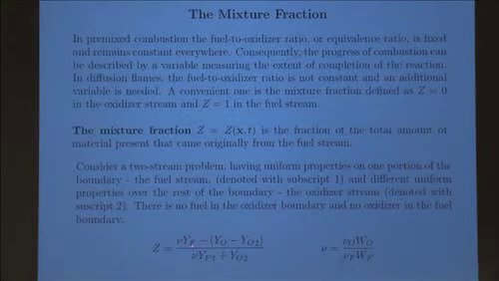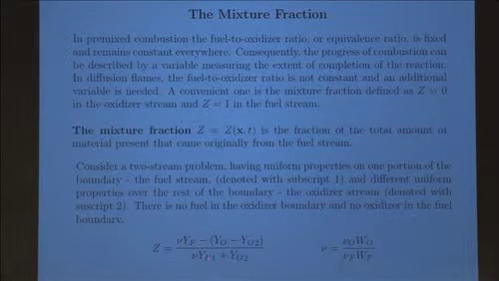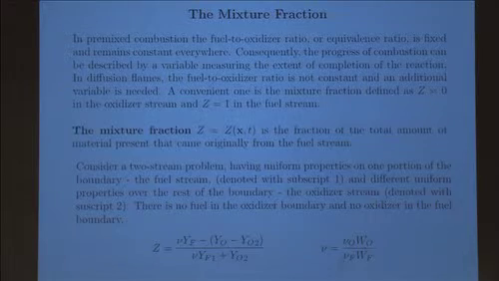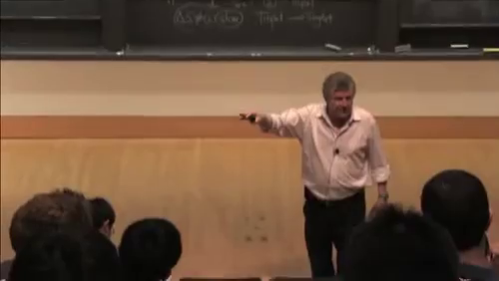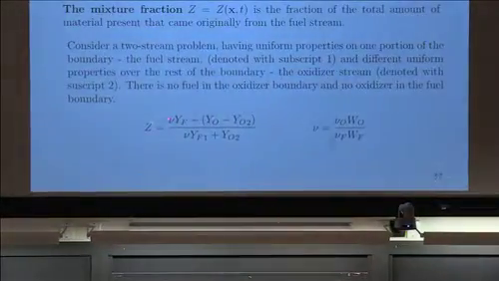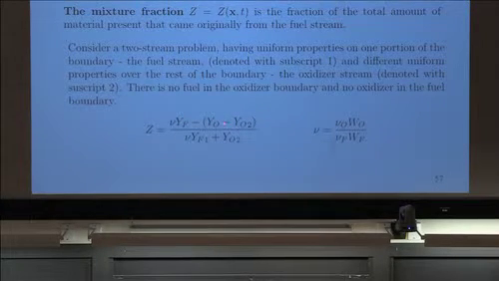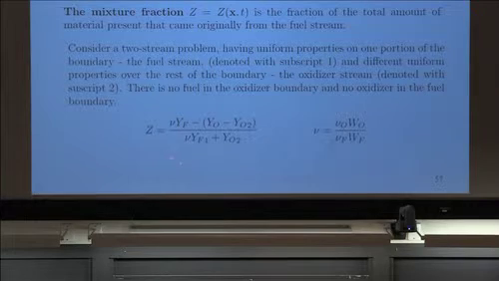You see very quickly that on the fuel side, since there is no oxidizer, first let me explain. YF1 and YO2 are the mass fraction of fuel in the fuel side and the mass fraction of oxidizer in the oxidizer side. Those are like the boundary conditions. Now on the fuel side, there is no oxygen, and so YO is 0, and so Z is equal to nu YF plus YO2, which is exactly what's in the denominator, so Z equals 1.